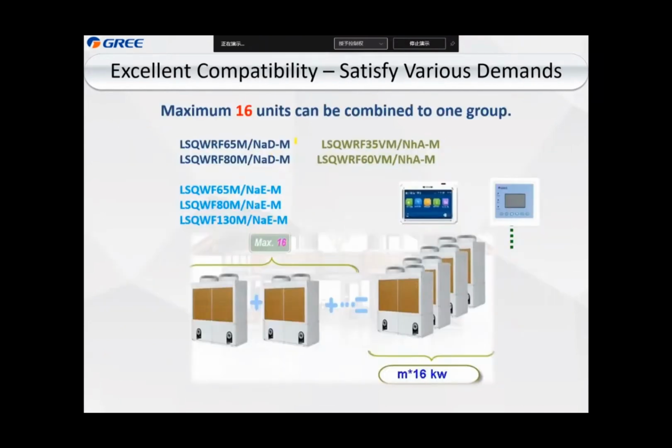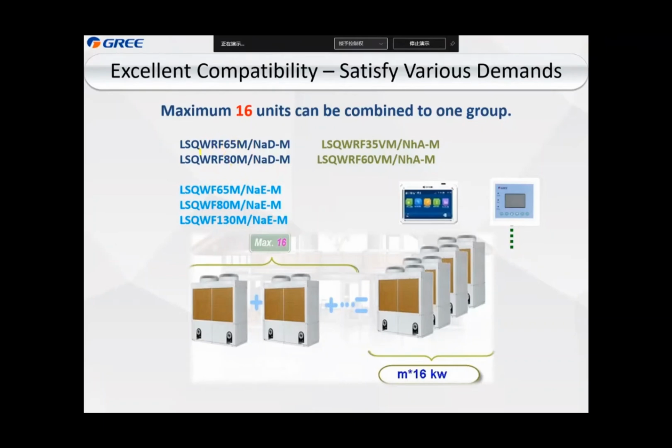And next we talk about excellent compatibility, satisfying various demands. Let's say the maximum is 16 units together. What kind of unit can combine 16? Here I list the modules. For the D series it is 65 and 80 kilowatt.